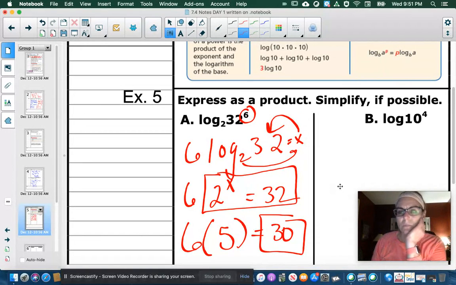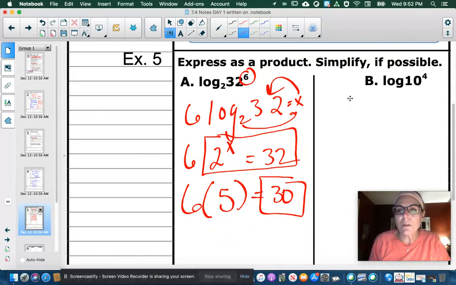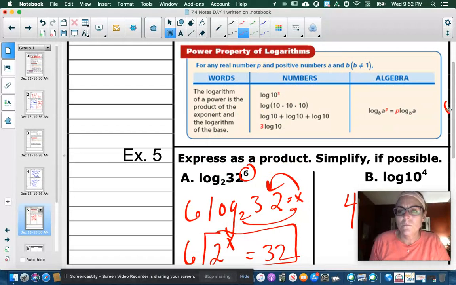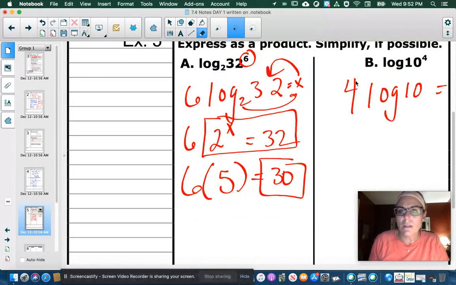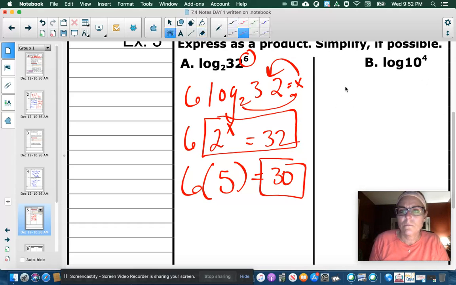Next one. Use the power property. We're bringing the 4 in front. Let's try that again.